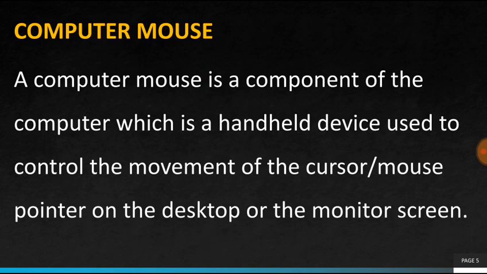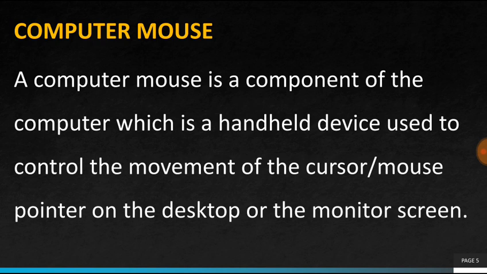A computer mouse is a component of the computer which is a handheld device. We hold it with our palm or our hand. It is used to control the movement of the cursor or the mouse pointer on the desktop or the monitor screen. Whenever you switch on a computer, on the monitor screen, you always see an arrow.